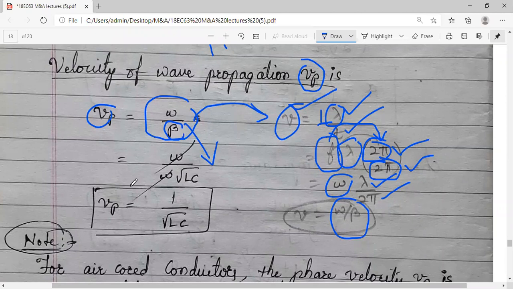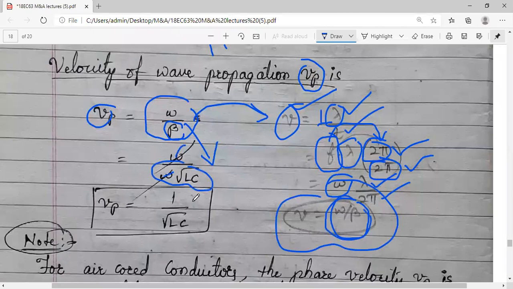So because of that, in the velocity expression, we have tried to achieve the beta term. Then I can substitute for beta, that is omega into root LC. So omega gets cancelled, 1 by root LC. This is the equation for velocity of propagation Vp.